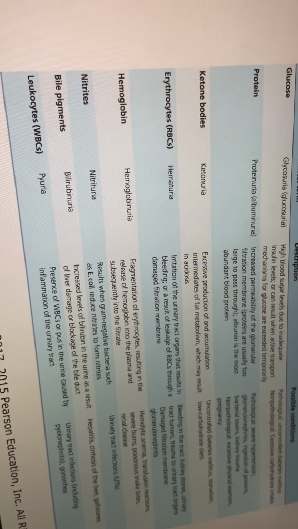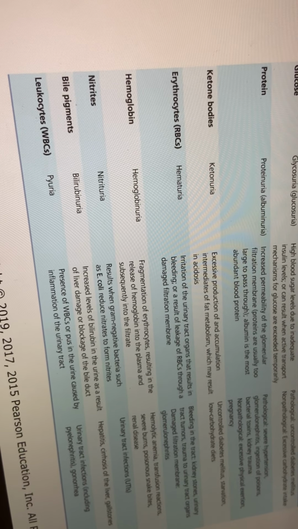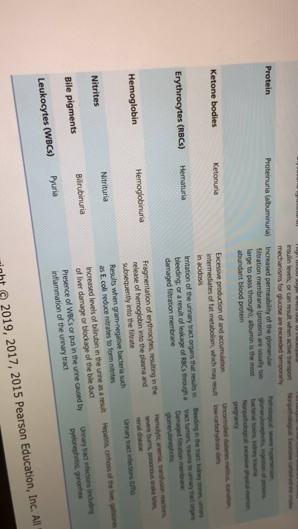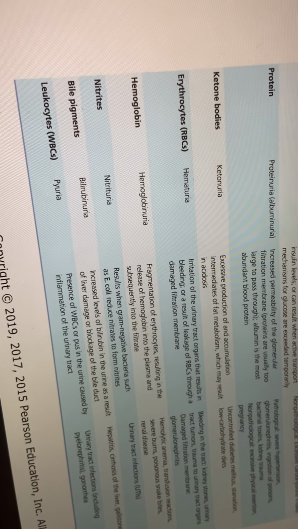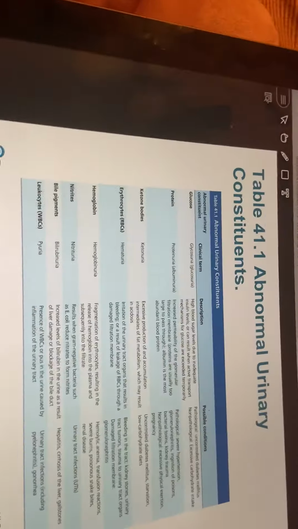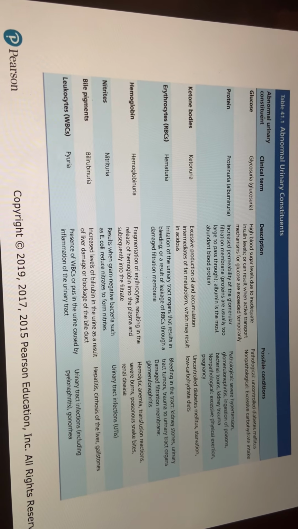Okay. What about pH? As we said, 4.5 to 8. So you can put pH in your standard urine within that range. So you can put 6. pH of 6 is still normal. Okay. What about in the diabetes?